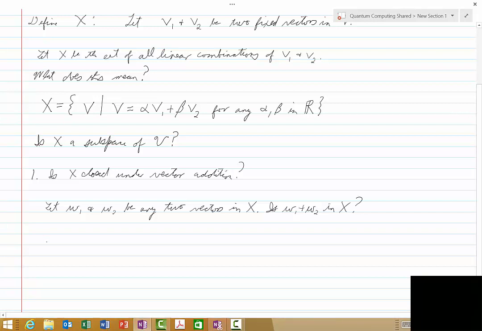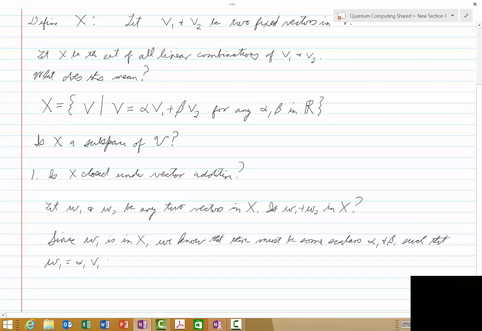Okay. Well, since W1 is in X, we know that there must be some scalars alpha 1 and beta 1 such that W1 is equal to alpha 1 V1 plus beta 1 V2.